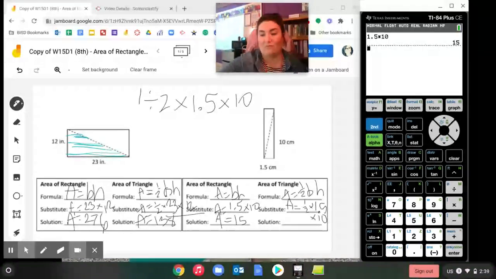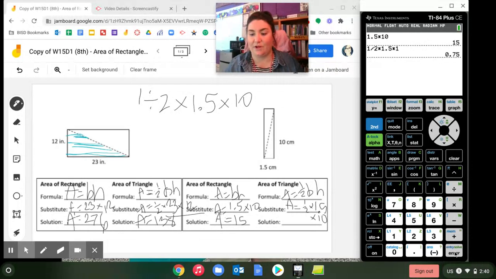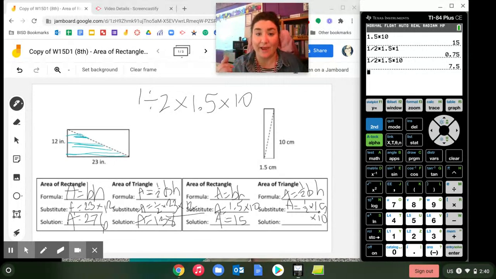And I'm going to show you that. 1 divided by 2 times 1.5 times 10. I get 7.5. Another way I could do it is change 1/2 to a decimal.